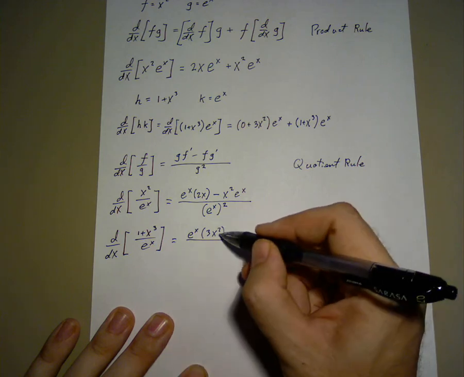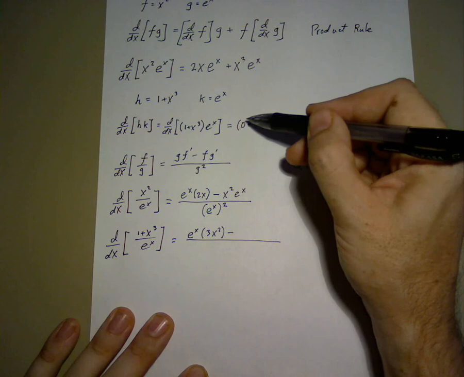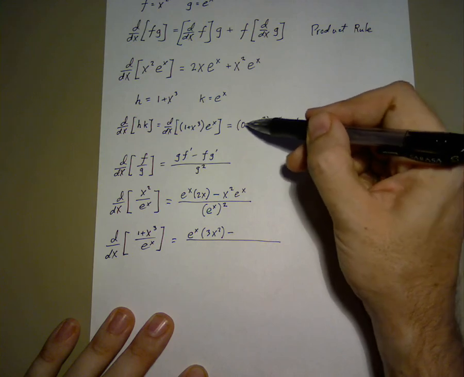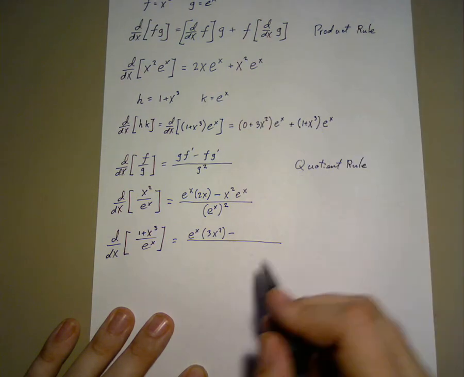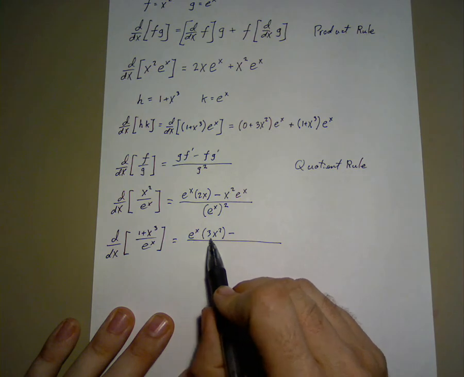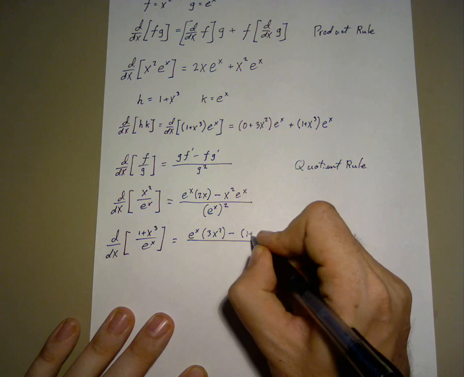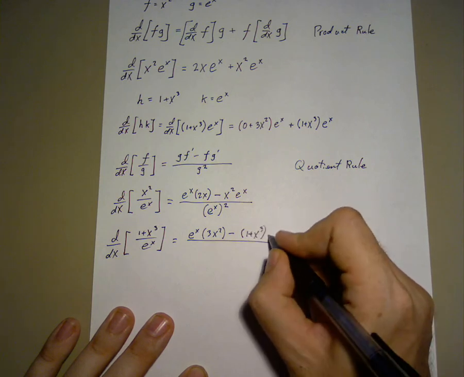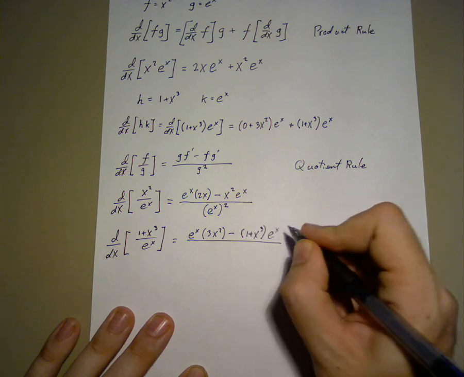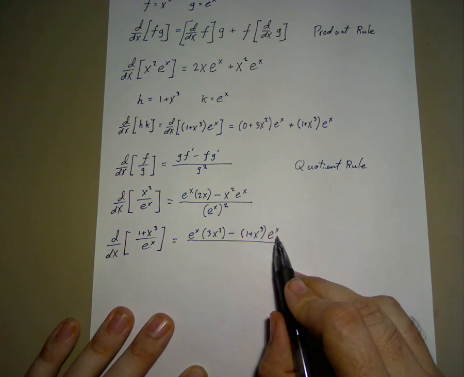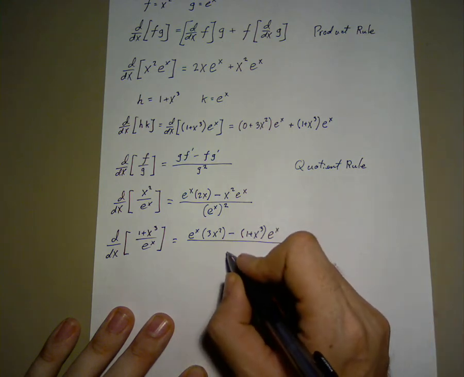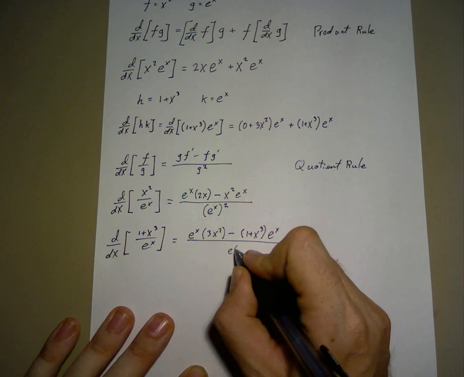Notice I left the 0 out because it really wasn't necessary. We took the derivative, same right here. The 0 adds nothing to it, so I left it out. Low d high minus our high function, 1 plus x cubed, d low, the derivative of our bottom function, over the square of what's below.